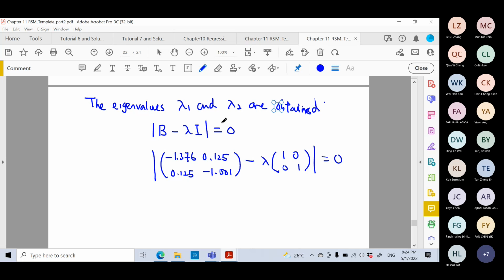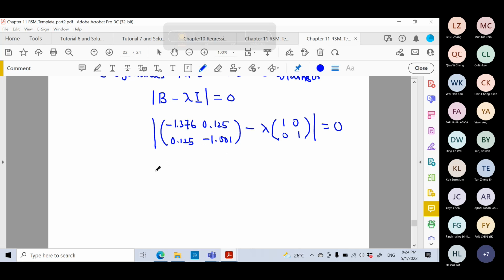You just follow how to find the eigenvalue. So from here, of course, you find the determinant. This is equal to negative 1.376 minus lambda, the second one will be 0.125, the third one will be 0.125, and the following one is minus 1.001 minus lambda.